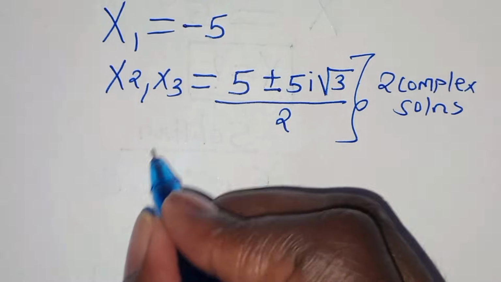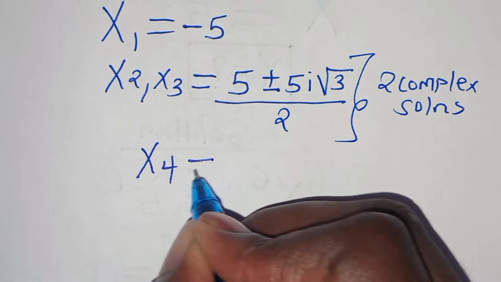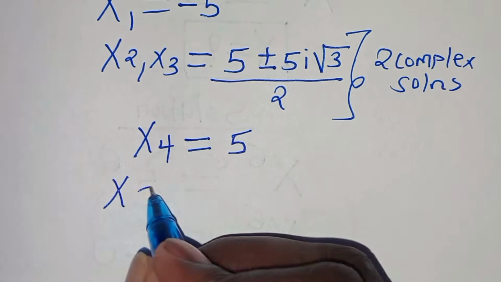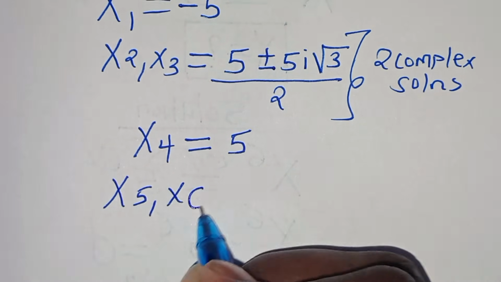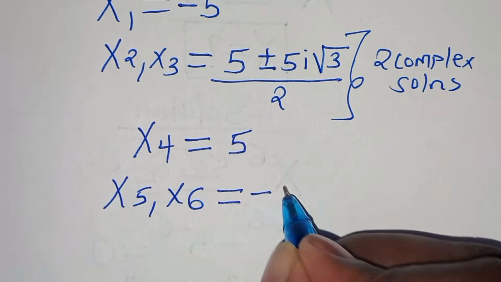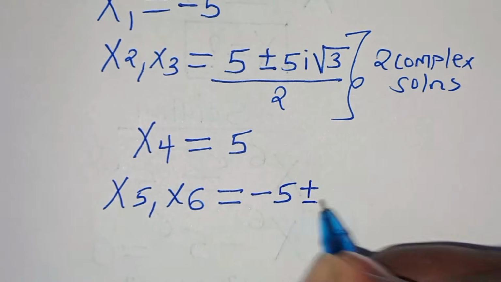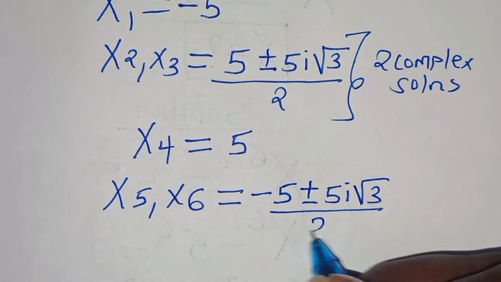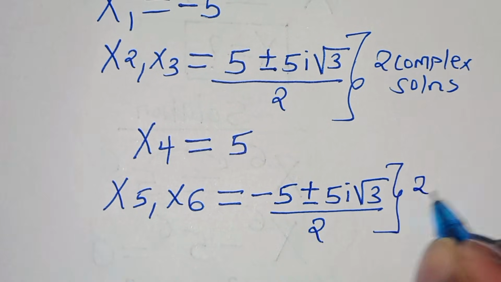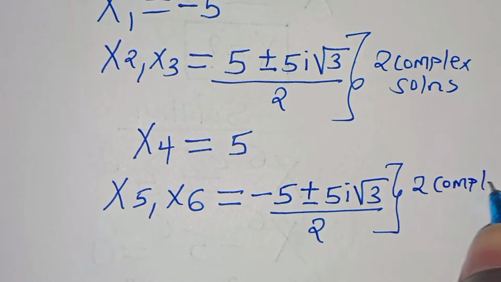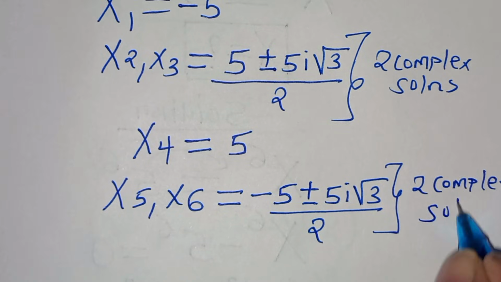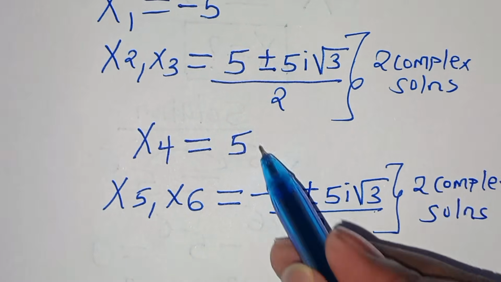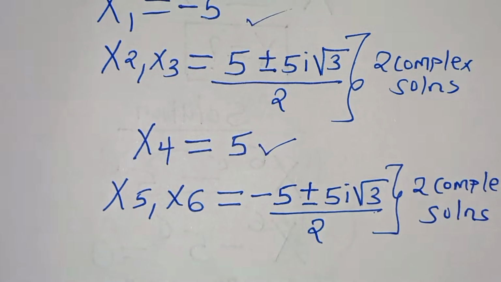Then we have x4 equal to 5. And then we have x5, x6 equal to minus 5 plus or minus 5i square root of 3 divided by 2. These are also two complex solutions. So we have 4 complex solutions and 2 real solutions.